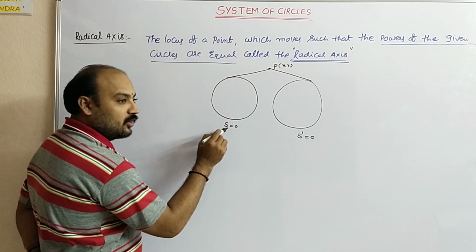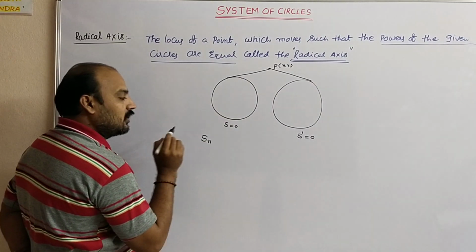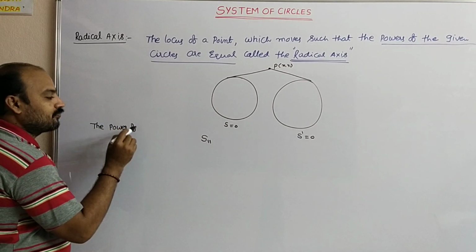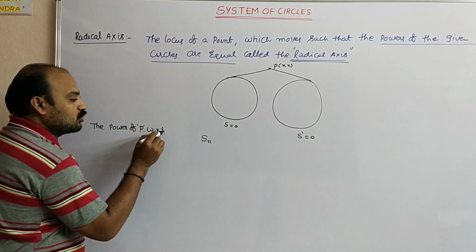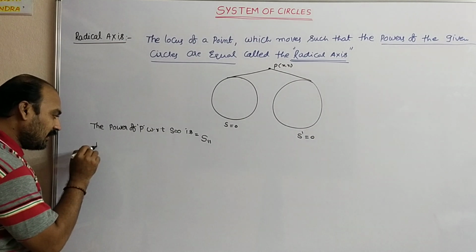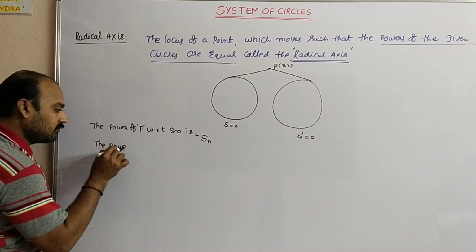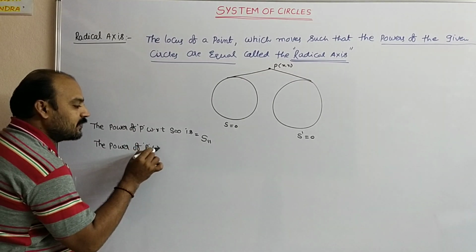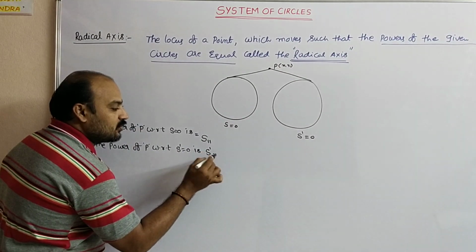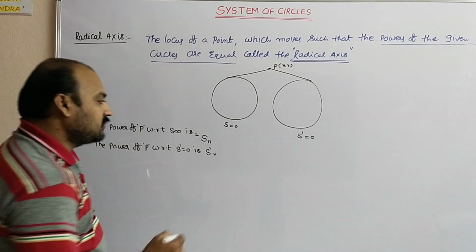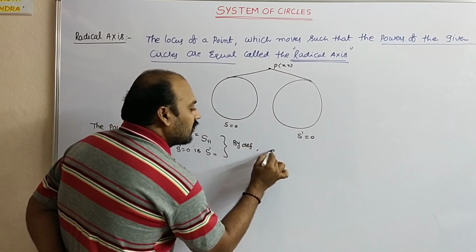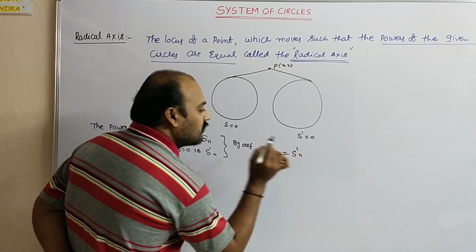The power of P(x1, y1) with respect to S equal to 0 is S11. Similarly, the power of P with respect to S dash equal to 0 is S dash 11. By definition, S11 equals S dash 11.